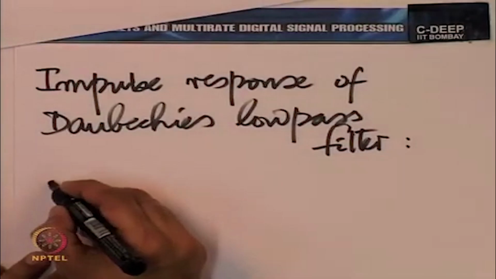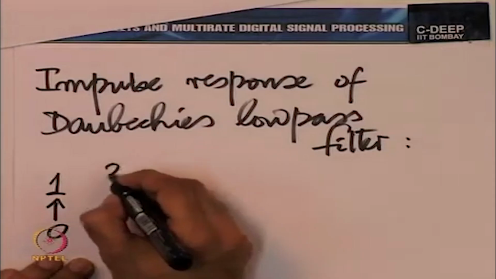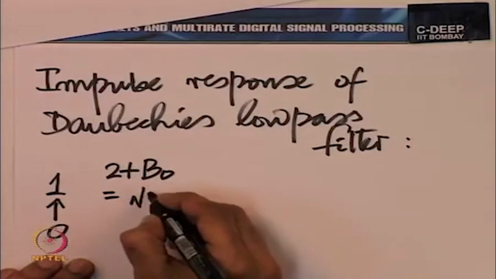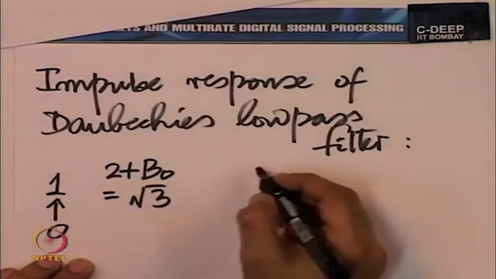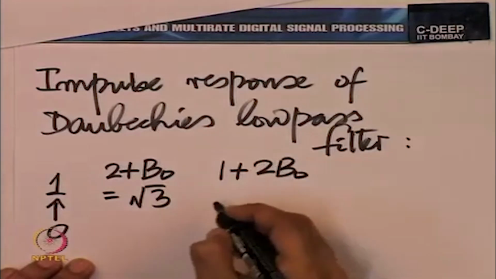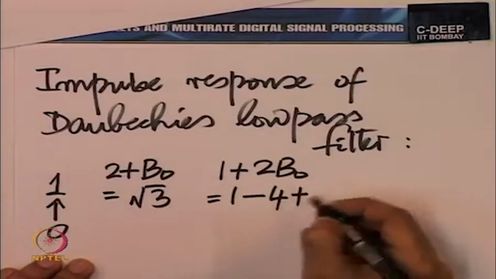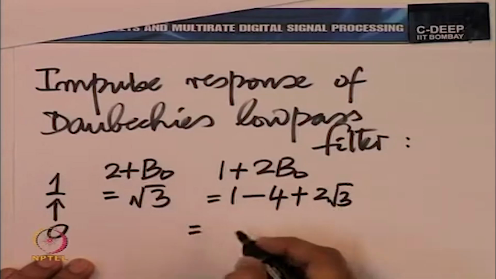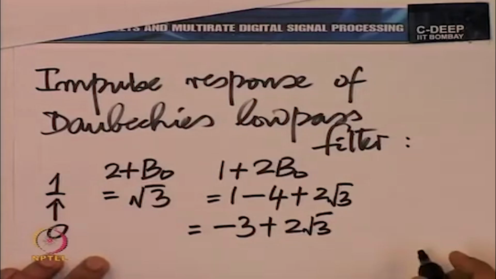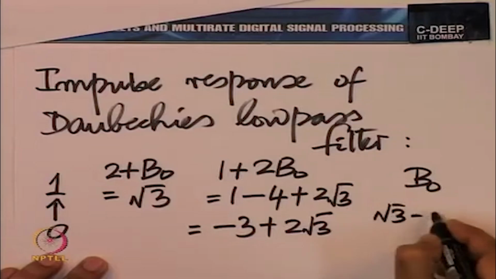So, 1, 2 plus B 0, which is essentially square root 3, and then you have 1 plus twice B 0, which is 1 minus 4 plus 2 root 3, or minus 3 plus 2 square root 3, and finally, B 0, which is just square root 3 minus 2.